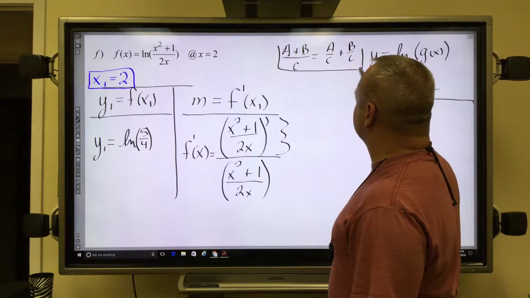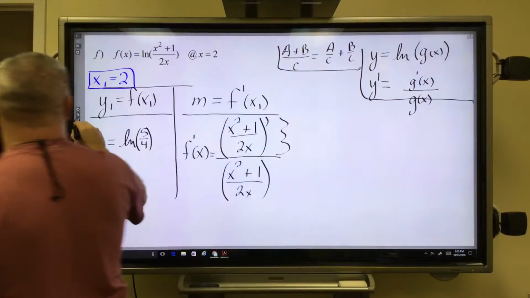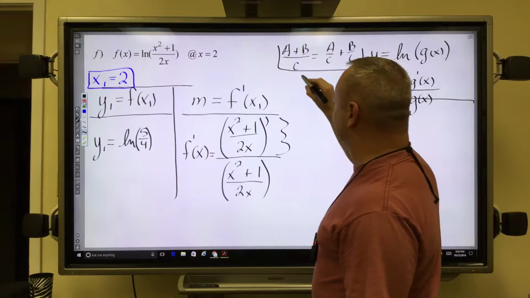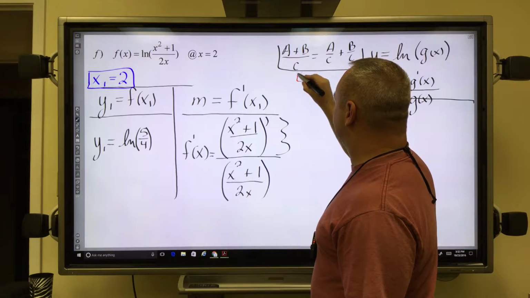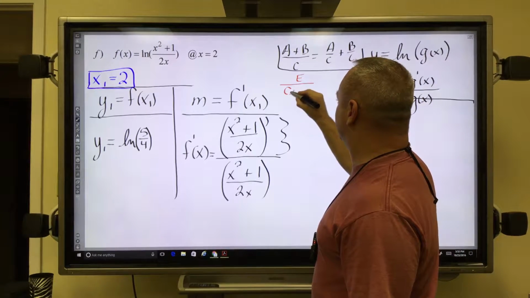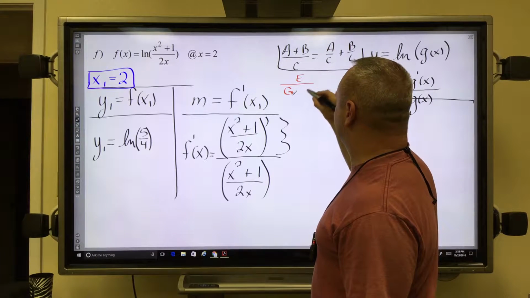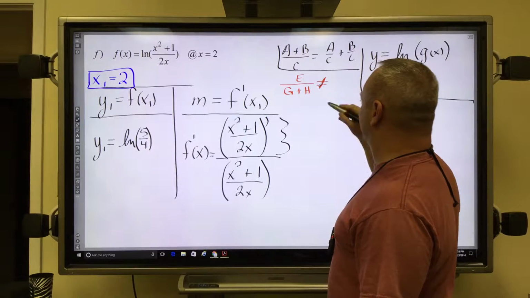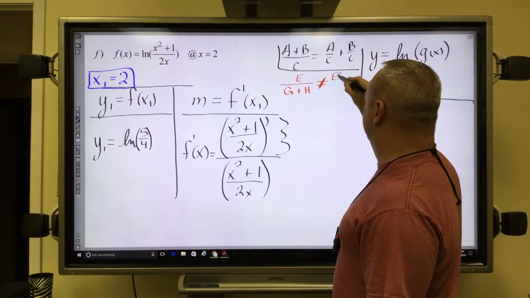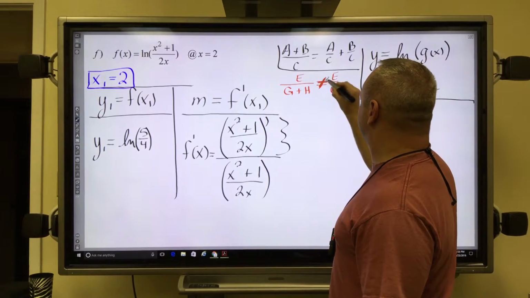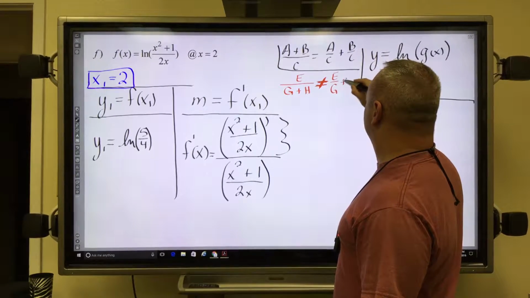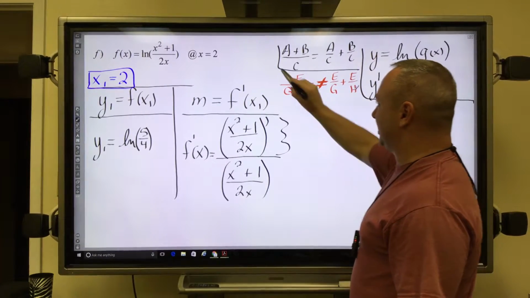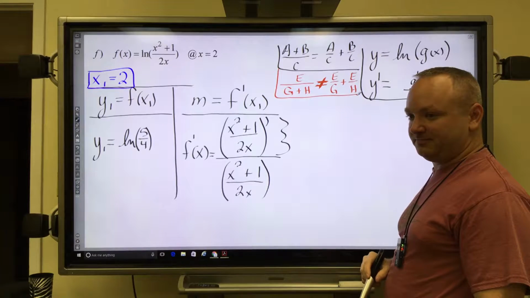Now, with this, I want to remind you that it does not work the other way. You cannot have e over g plus h. This does not equal e over g plus e over h. Do not ever do that.